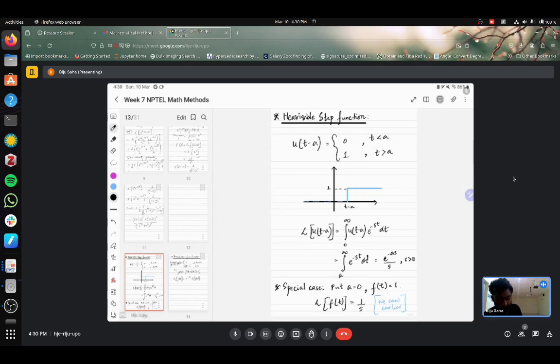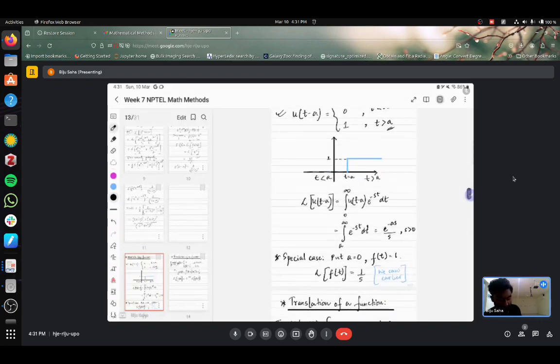Here the threshold is a. What we see from the graph is that for t greater than a, in this region, the value of the function is 1. This blue line is the value of the function, it is always 1. But for values less than a, the value of the function is 0. That is what is denoted here by this notation: for t greater than a it is 1, for t less than a it is 0.